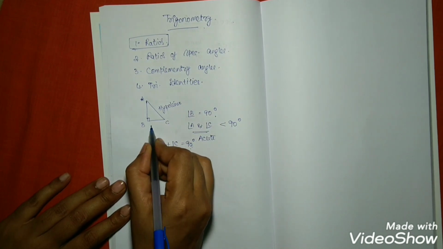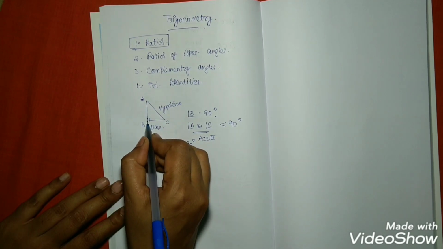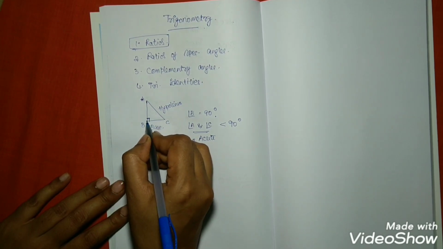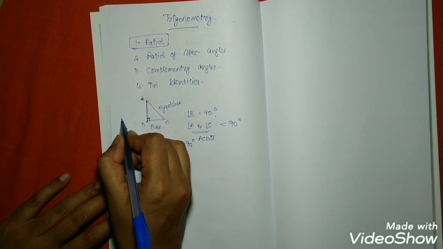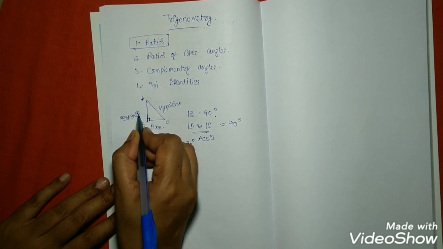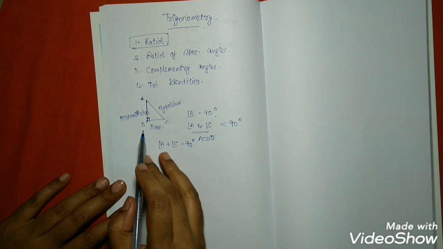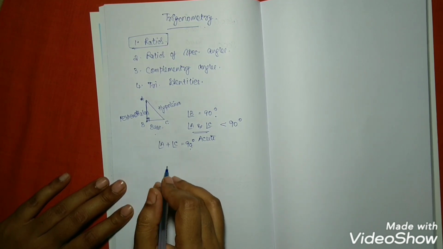And here this we call it base, BC. And the other side, for this 90 degrees, whatever you are drawing up straight, this we call perpendicular. So the 3 sides of the triangle are perpendicular, base and hypotenuse.